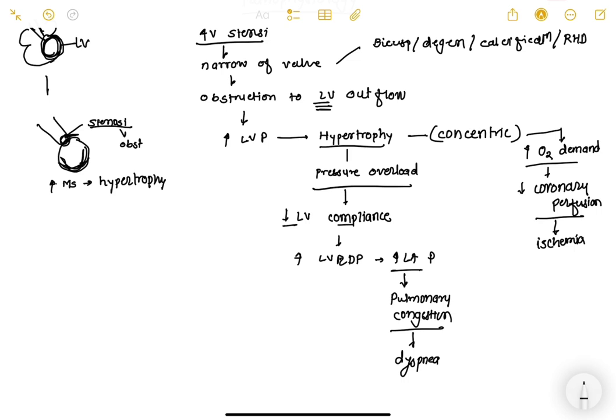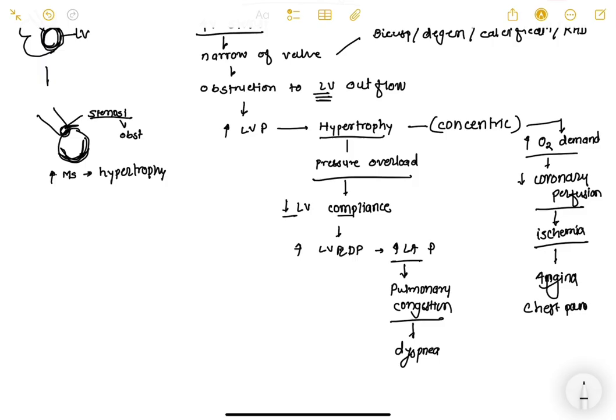See, concentric left ventricular hypertrophy will be there. Due to hypertrophy, the oxygen demand will increase, but we are providing the same blood flow to the muscle. So there is a decrease in coronary perfusion, and so ischemia occurs. So what will we get? There will be angina, that is chest pain.